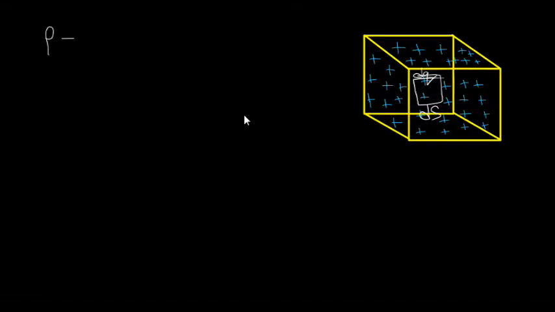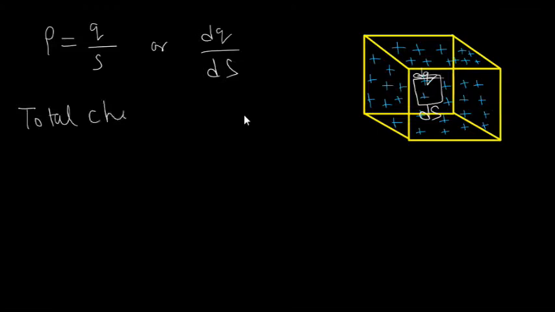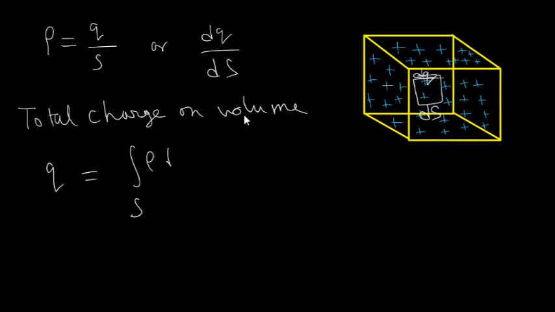So density rho is equal to q upon V, or you can say dq upon dv. Total charge on the volume is q equal to the integration over V of rho dv.